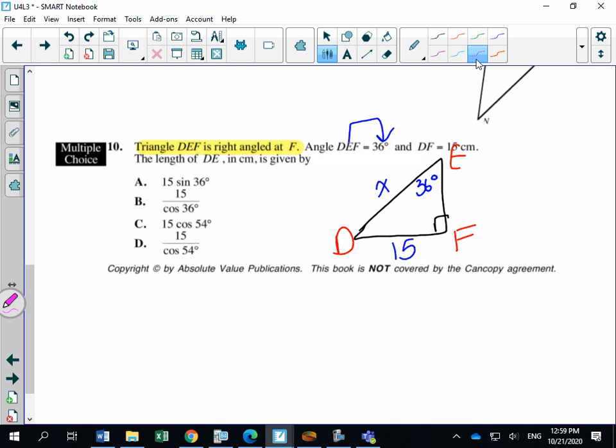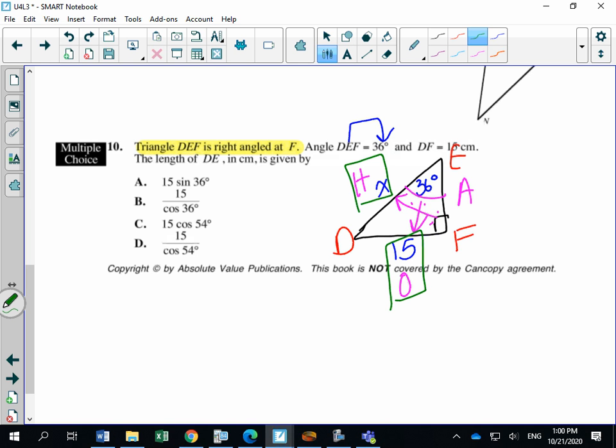So give your angle a set of eyeballs and say to yourself, okay, 15 would be the opposite. X would be my hypotenuse. This would be my adjacent. From here, Antonio, what 2 sides do you want me to box in? O and H. Yep, so this gets boxed in and this gets boxed in.